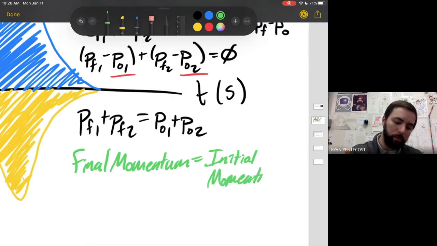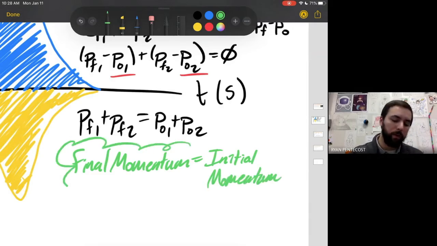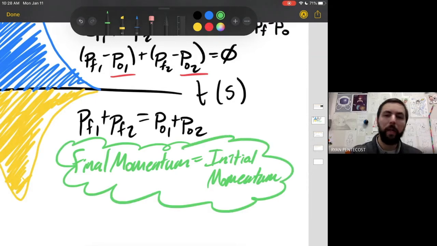Which is the idea of conservation of momentum. So we can see that expressed in this collision. For collisions, in general, momentum is conserved.